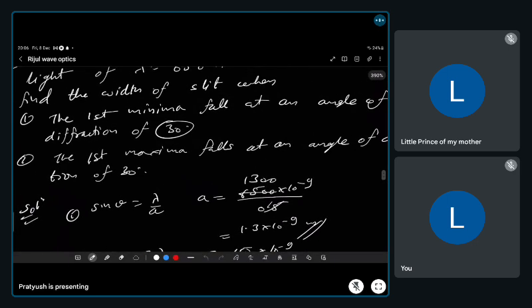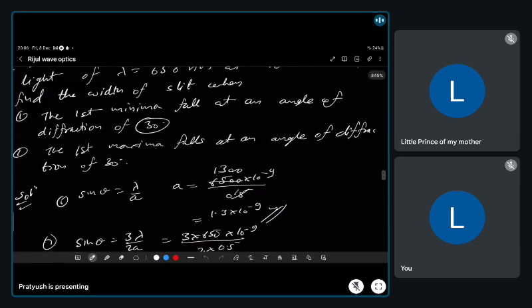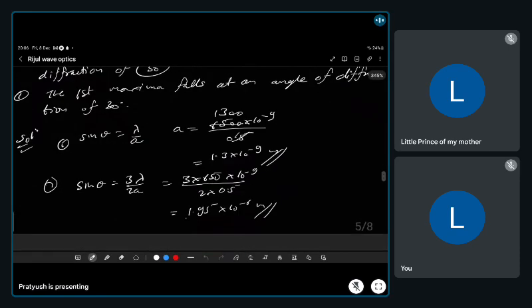Next is, first maxima falls at the angle of diffraction of 30 degrees. Now what is the angle of diffraction for maxima? It is an odd multiple of lambda by 2a. Odd multiple means what? 2n plus 1.